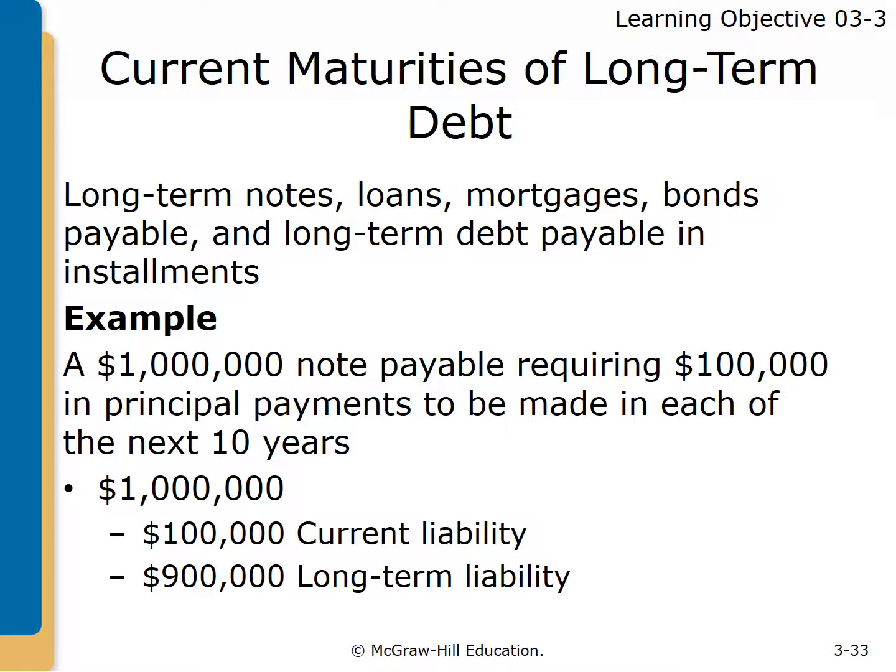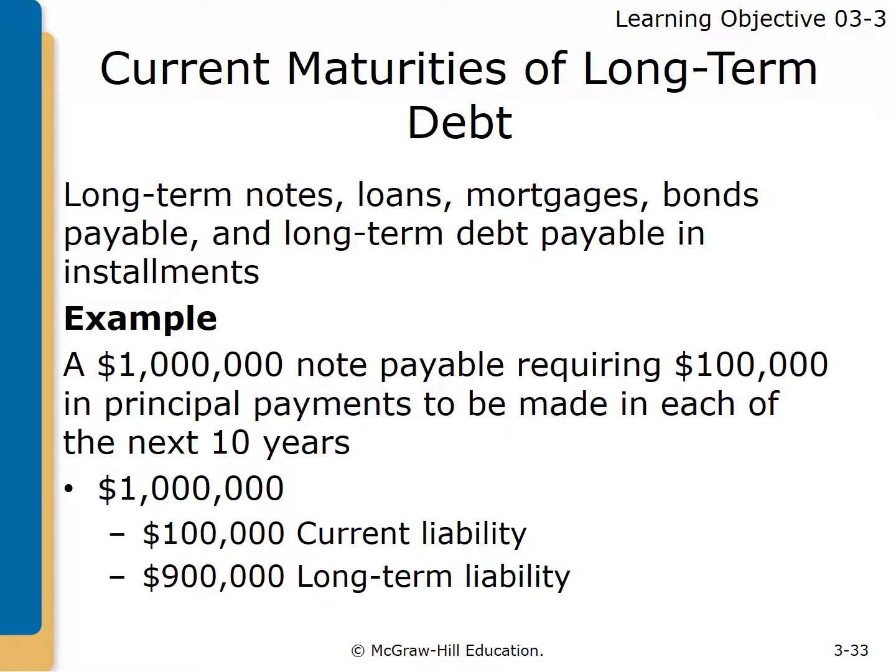If any portion of the principal of your long-term notes payable, bonds payable, loans is going to be paid off within the coming year, that portion of your long-term loan is considered current because it meets the definition of a current liability. So here's an example. A $1 million note payable requiring $100,000 in principal payments to be made in each of the next 10 years.